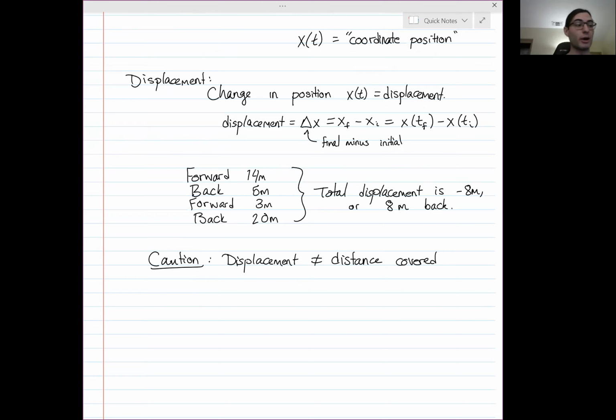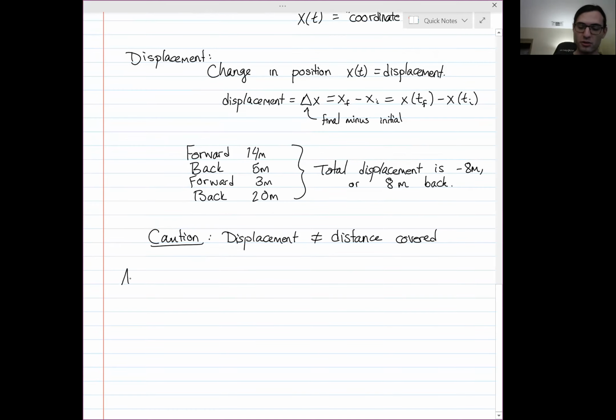Now, the next thing to talk about is average velocity. So we've talked about displacement, talked about total displacement, which is just the displacement after a whole thing has happened. Let's talk about average velocity.